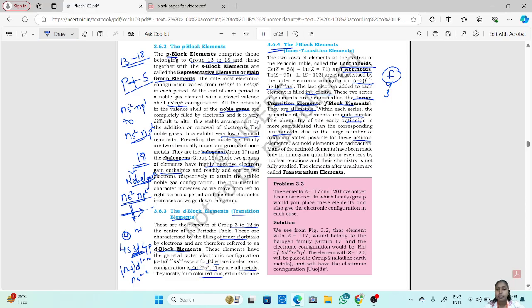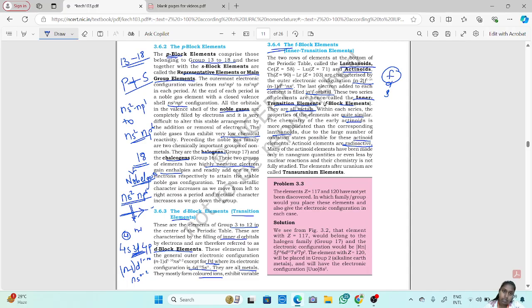Okay, now actinoid elements are radioactive. So actinoid elements, being metals, are also radioactive in nature. Okay, they are radioactive metals. Now many of the actinoid elements have been made only in nanogram quantities or even less by nuclear reactions, and their chemistry is not fully studied.